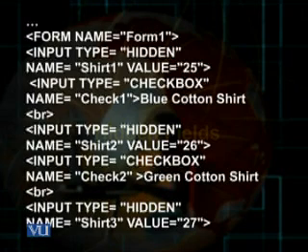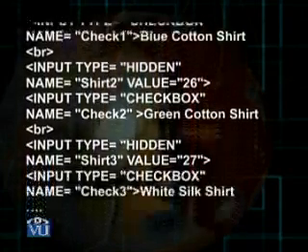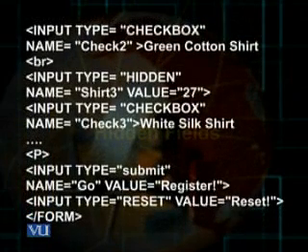And then the third item, input type hidden, name shirt 3, value 27, and for that its corresponding checkbox, input type checkbox, name check 3, and white silk shirt, and so on. And at the end I can create two buttons, the submit button and the reset button, and then I can close the form. This is just a chunk out of the total code, just to give you some idea how the hidden form fields work.